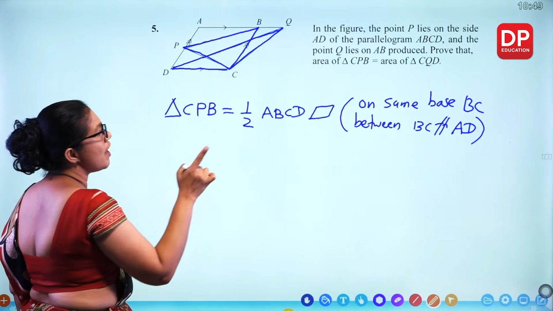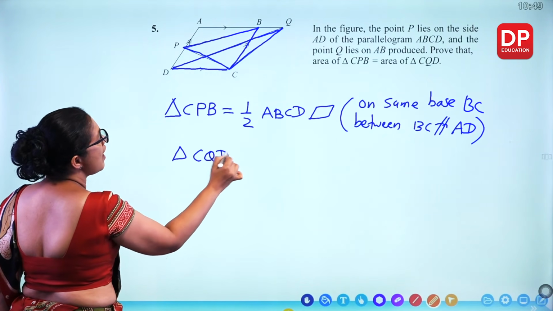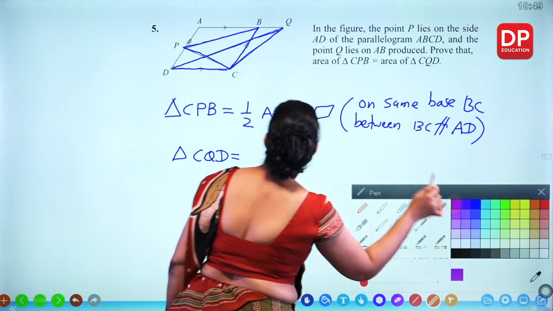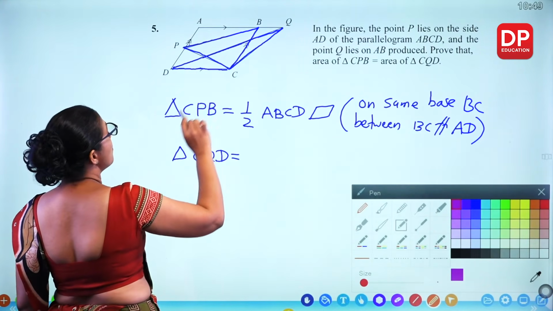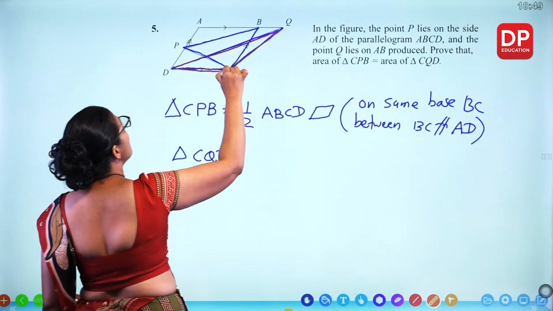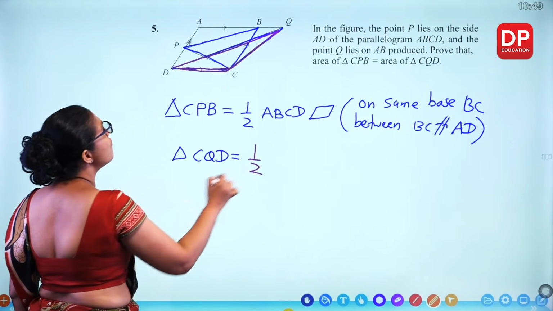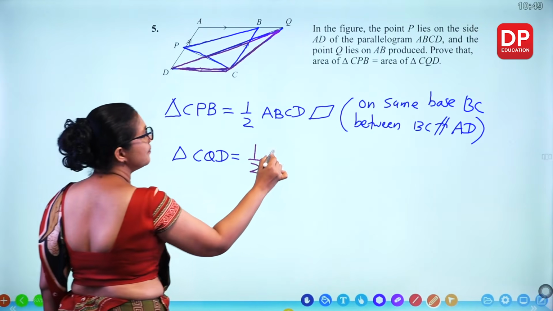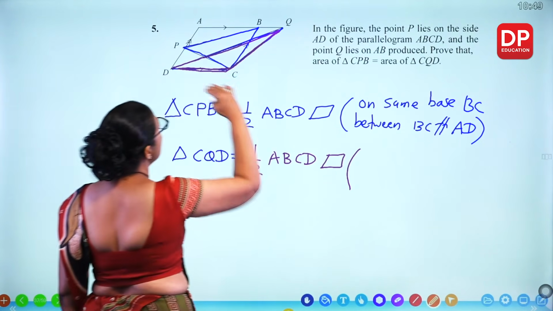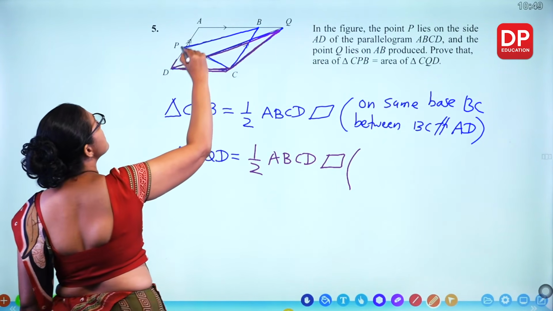What about the other triangle? CQD triangle. Look at that one. I'll take another color. CQD. This one is again half of ABCD. What's the reason? Now the base is CD.